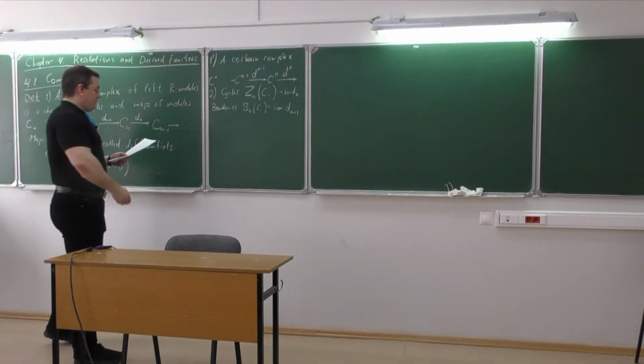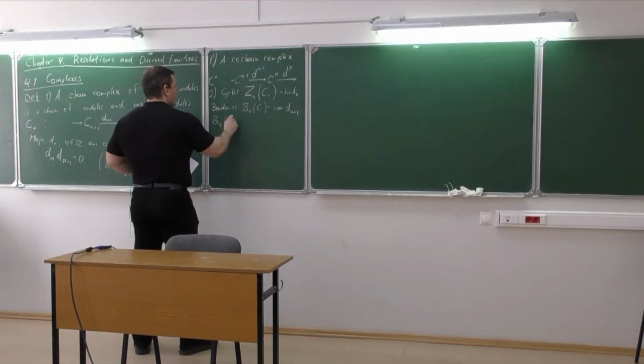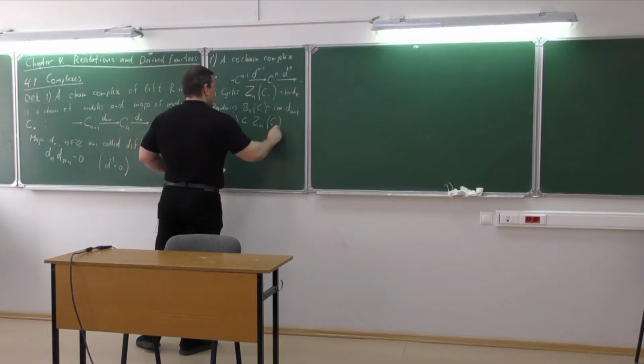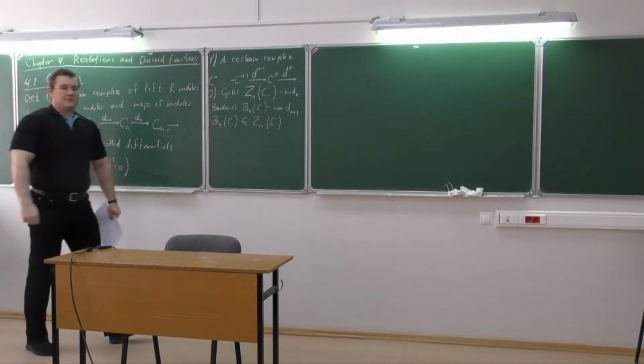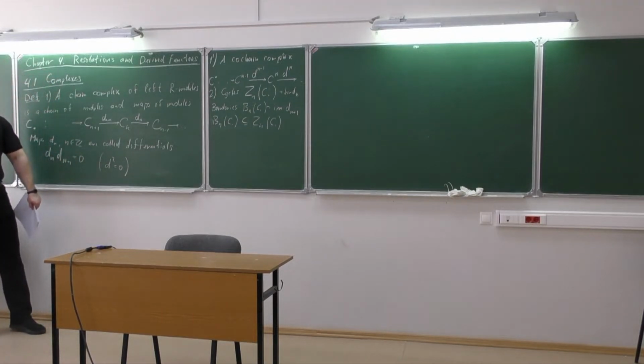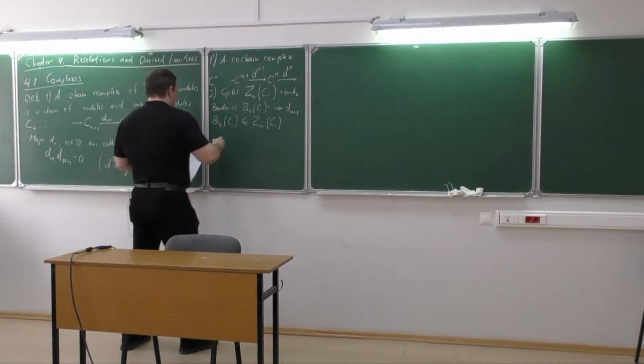And clearly, we can see that, for example, Bn is always a submodule in the Zn. Why is this so? Because d squared is 0. Hence, we can introduce the notion of homology.